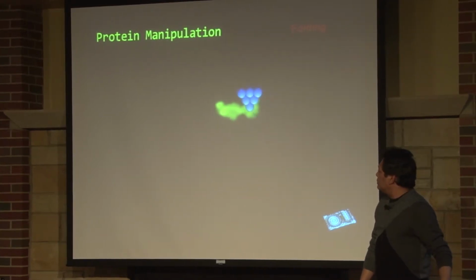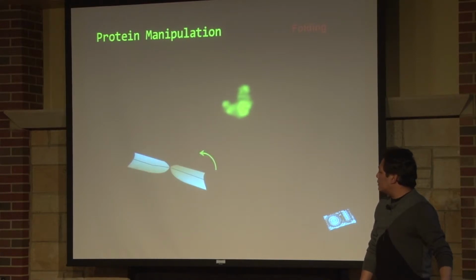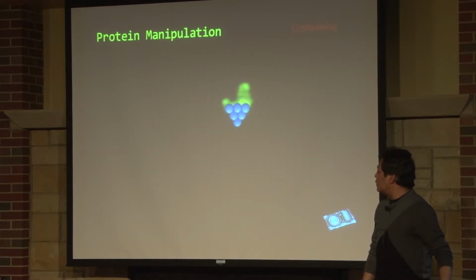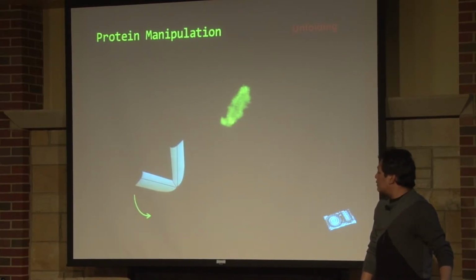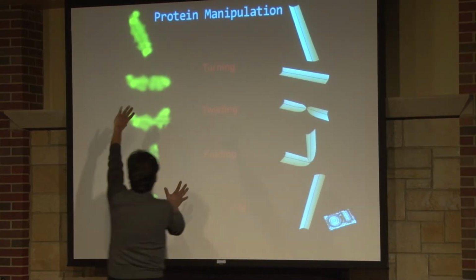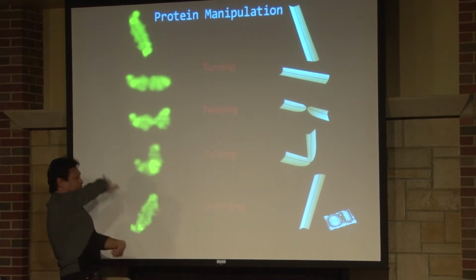It's coming in, it's folded, and here we fold it. Then you have to show that it still survives. We have to unfold it. We unfold it, and it comes back to its normal length. So here's what we did. We twist it, we fold it, we unfold it.